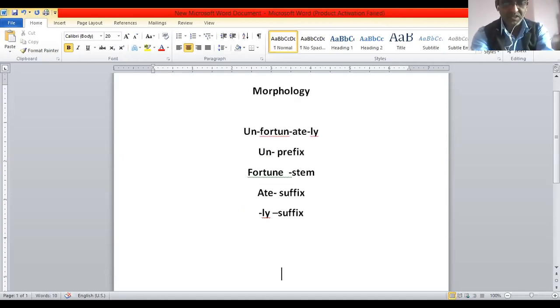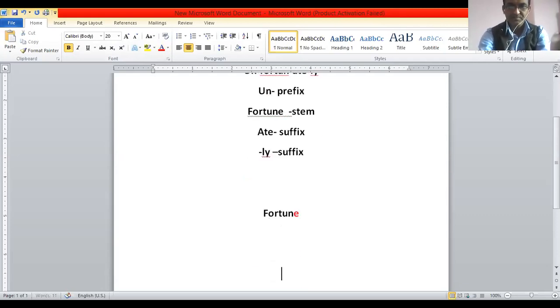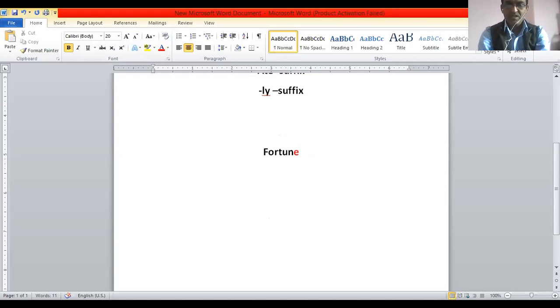We have the stem word, like if we write the word fortune, we have to see that we have e in this word, but when we go on adding some suffixes, we have the deletion of this e, and it is replaced with a, and that is what we have seen in the first order, fortunate.